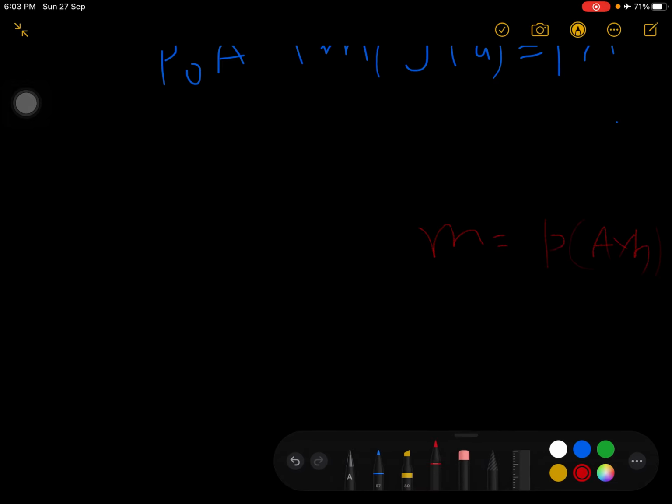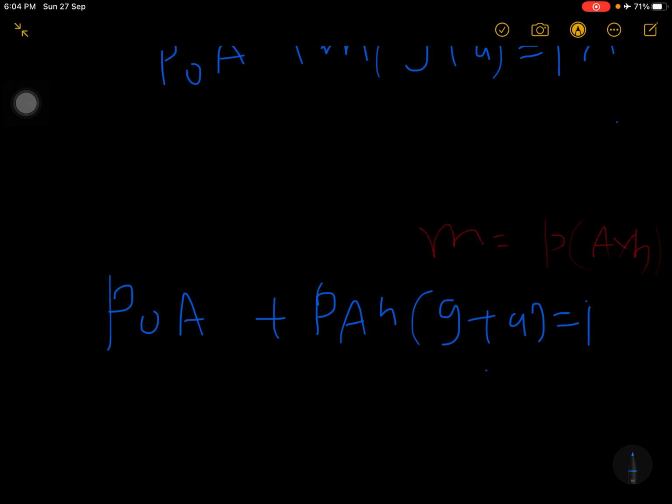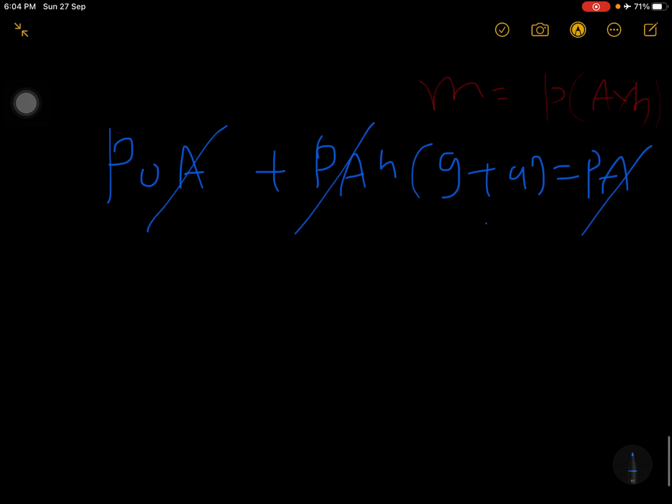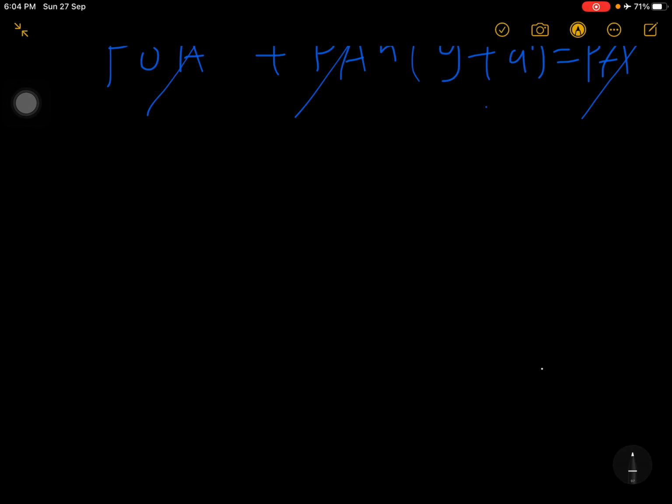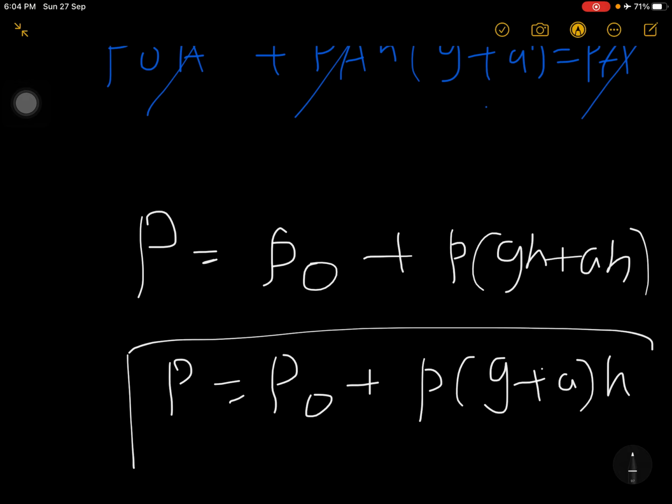So P naught A plus rho A h into (g plus a) is equal to P into A. A gets cancelled, so P is equal to P naught plus rho g h plus rho a h. Taking h common, P is equal to P naught plus rho into (g plus a) into h.